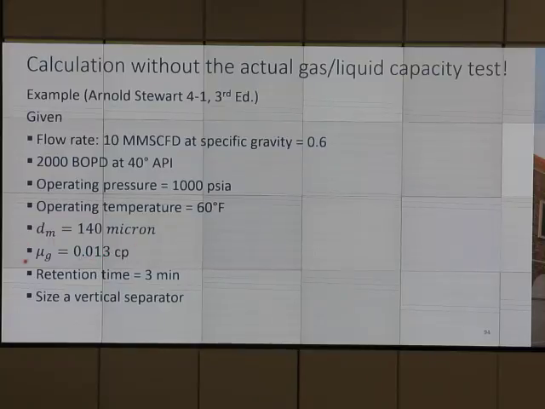Actually, if you read the book, they have to do some calculation to get that number; they open another chart to get gas viscosity. A retention time of 3 minutes is recommended for this case, and we want to size a vertical separator. Look at the difference. If we want 10 MMSCF per day and you know the pressure, you just go to the chart and get the size, right? Very quick.